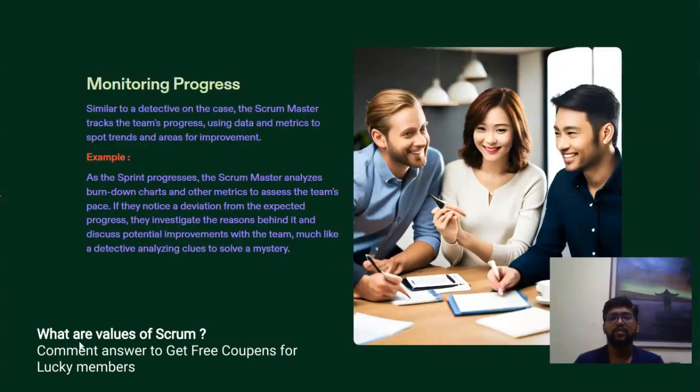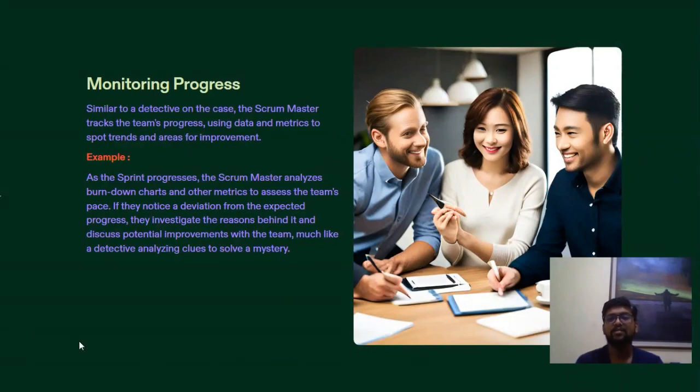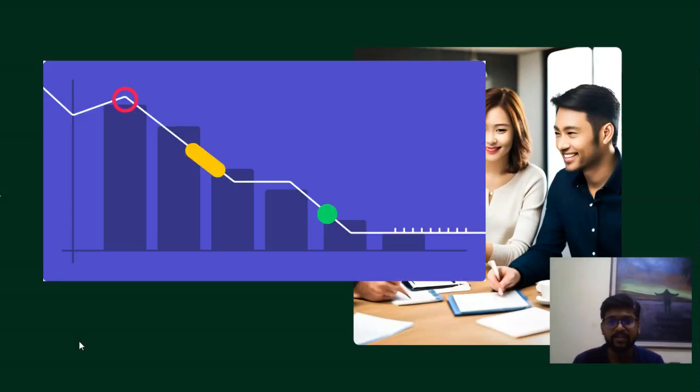We'll move forward. Next is monitoring progress. Just like a detective, the Scrum Master requires to track the team's progress. Who is doing what? You require to know that as a Scrum Master. You require to use some data and metrics to track the progress of a team.